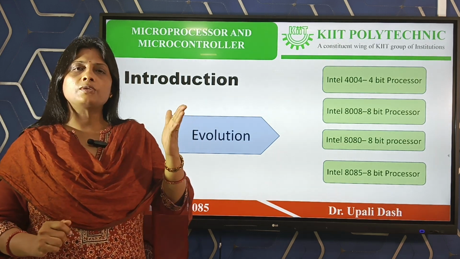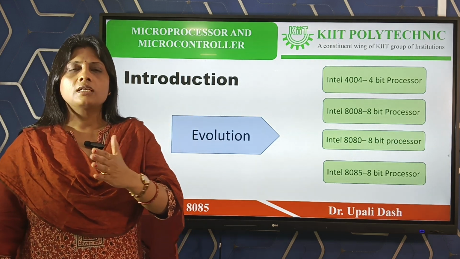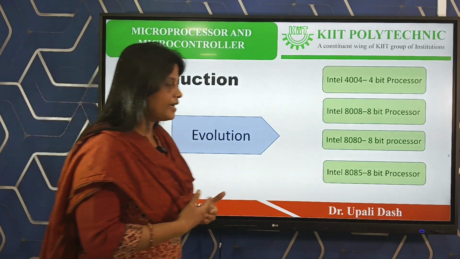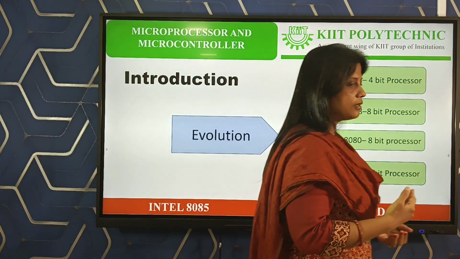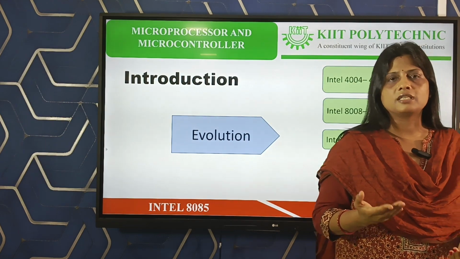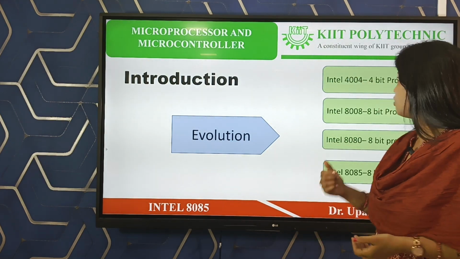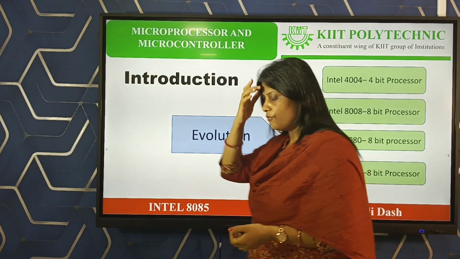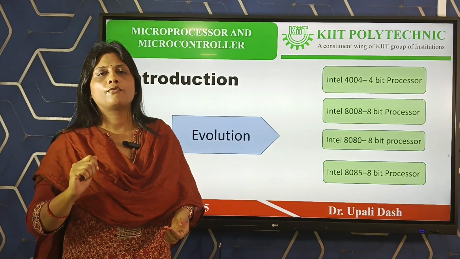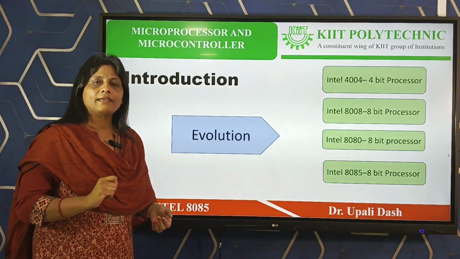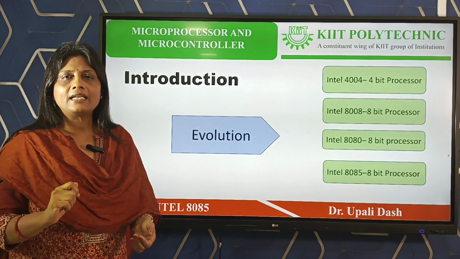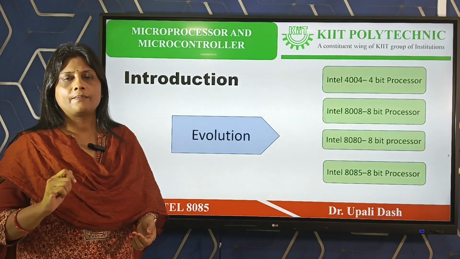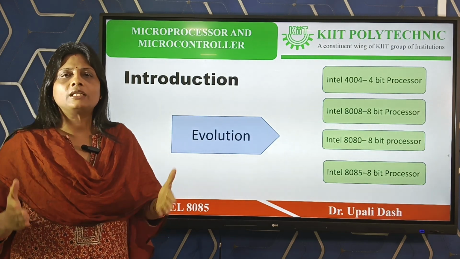The evolution of the microprocessor started with a few steps. Intel designed the first microprocessor, that is Intel 4004. Intel 4004 is a 4-bit processor. A 4-bit processor means at a time the processor can handle 4 bits of data, either as input or to display the output.